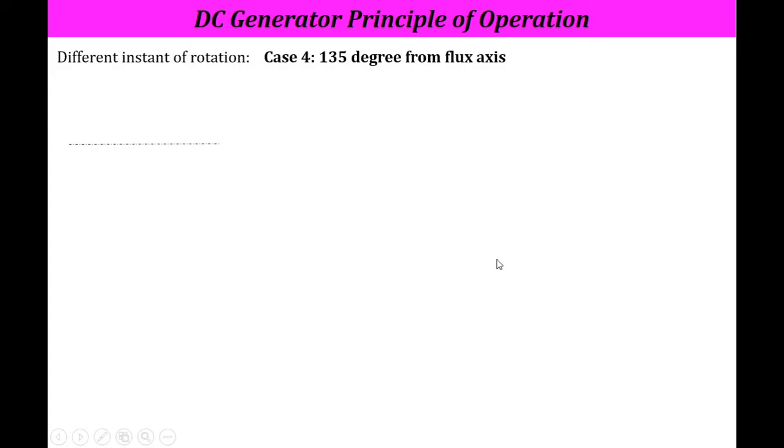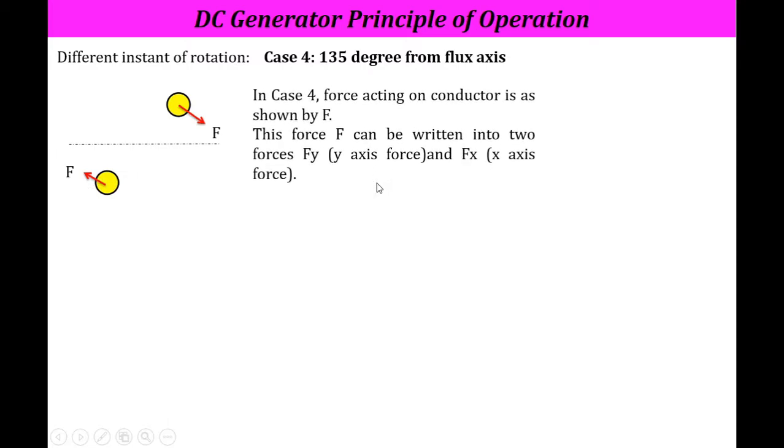Now let's have another case, that is case number 4, that is 135 degree from the flux axis. So this is the placement of the conductor with respect to the flux axis. So this is a force on one conductor, this will be the force on the second conductor. So again if we resolve this into two components, Fy and Fx, you will get that Fy, but that Fy is in a downward direction.